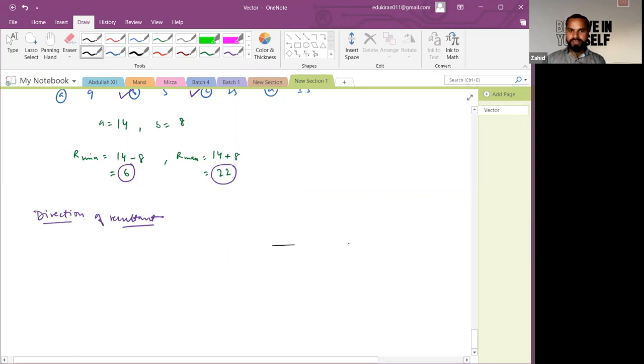Let's say the first vector was along this direction as A, the second was along this direction as B, and the resultant of these two terms along this direction as R. So the inclination of this R with respect to A is beta.